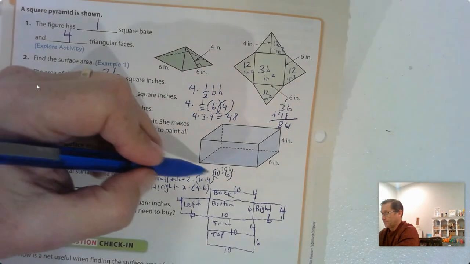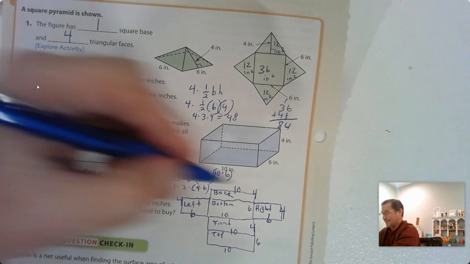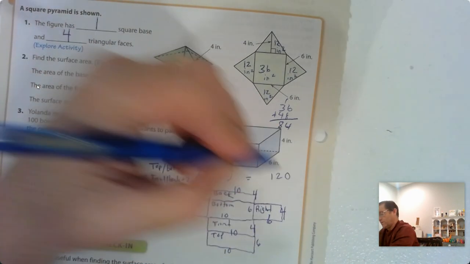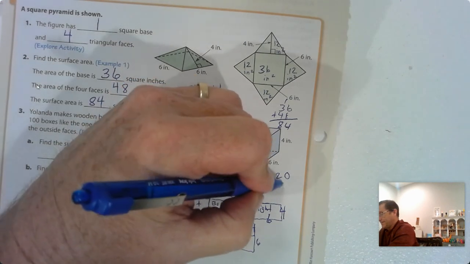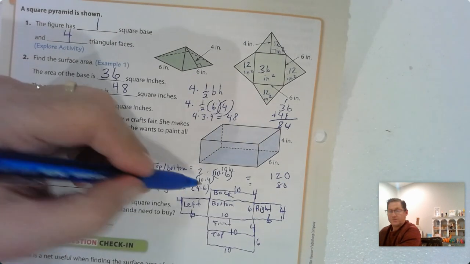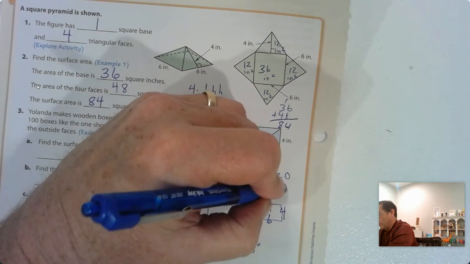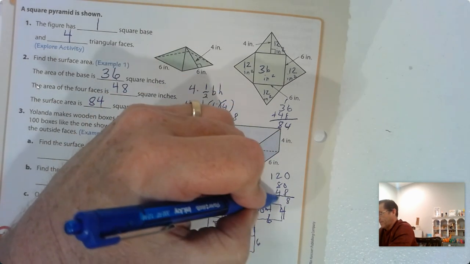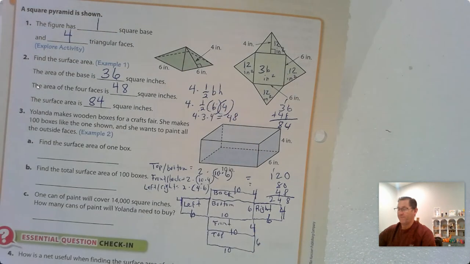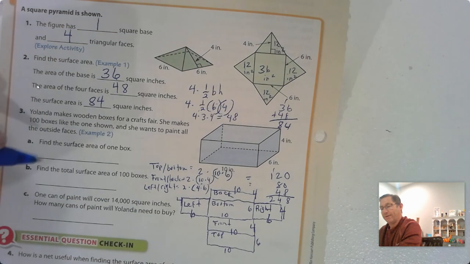All right, well, 2 times 60 is 120. 2 times 40 is 80. And 2 times 24 is 48. Add those up. 8, 14, 248 square inches.